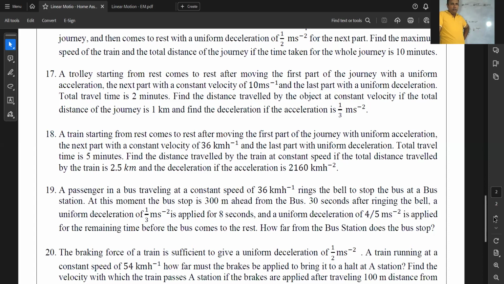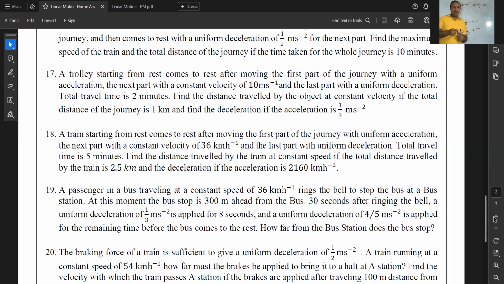Sorry, this is the acceleration. So acceleration is 1/6 ms minus 2. Deceleration, I don't know the deceleration. That one has to be found.